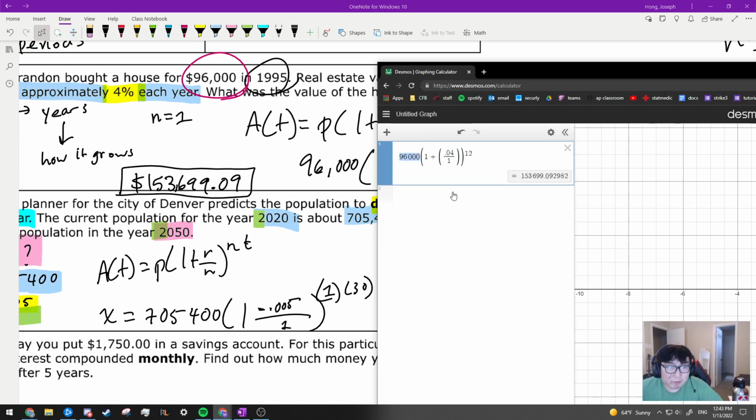Instead of rewriting everything, I'm just gonna replace the numbers like this. I replace this positive with a negative. This is gonna be 0.005, and this is gonna be 1 times 30.